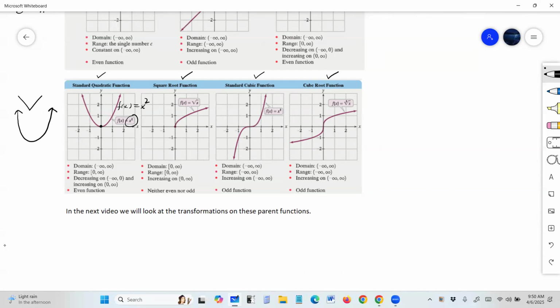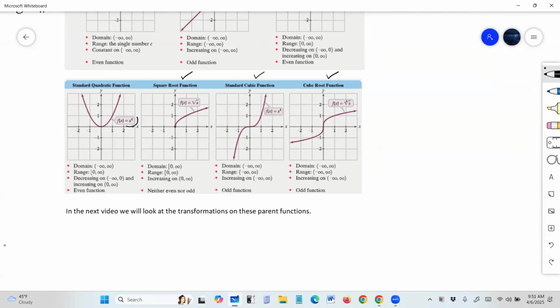It looks like a U shape or a little bit roundy V shape. So quadratic function passing through the origin kind of looks like the absolute value function, but it's curved because it's a polynomial function. All right, so that is the quadratic function, f of x equals x squared.